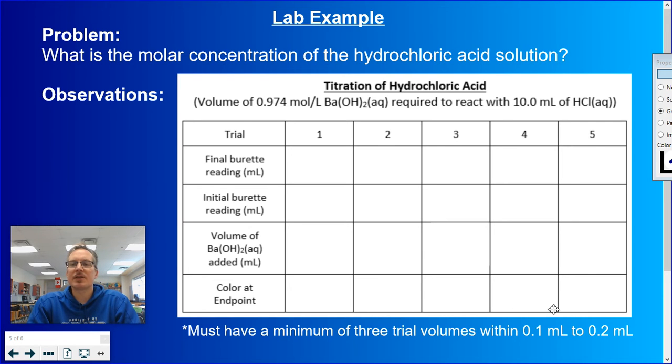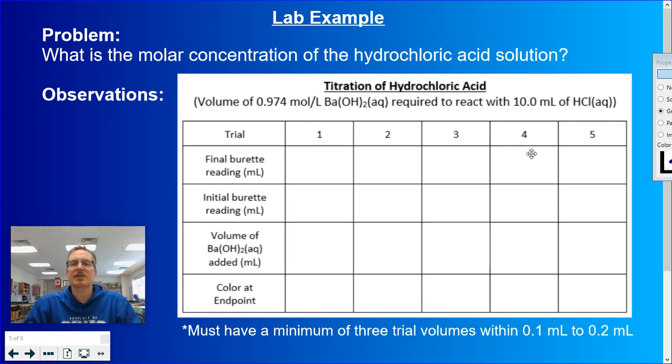Now, we are going to make an observation table. A good observation table for titration comes with a title that provides information, as well as we have our number of trials. And our rule for number of trials is in titration, you are allowed a minimum of 3 trial volumes within 0.1 to 0.2 milliliters of one another.